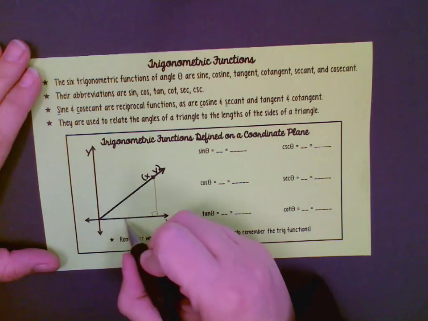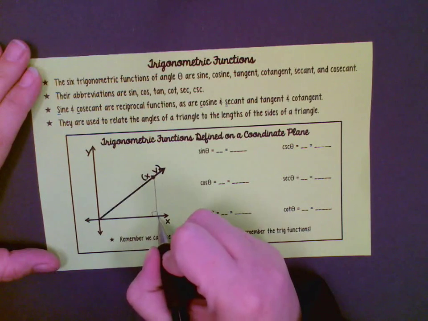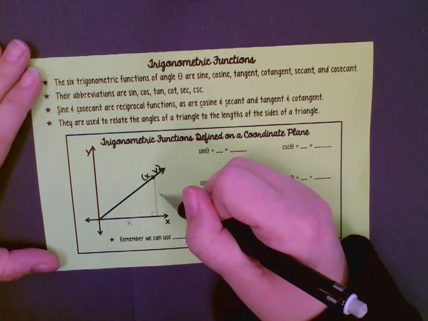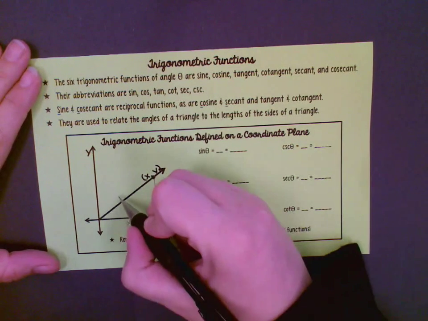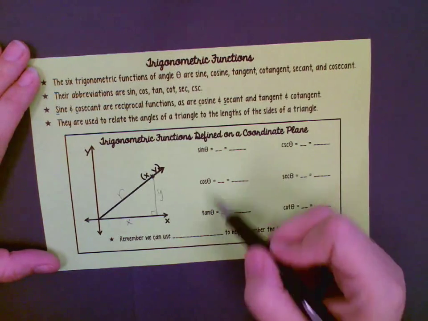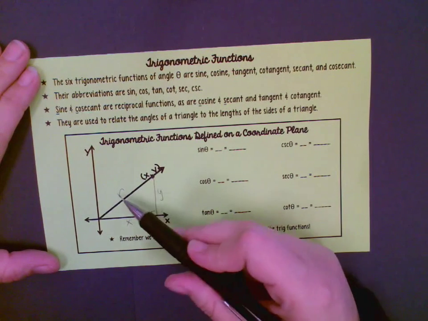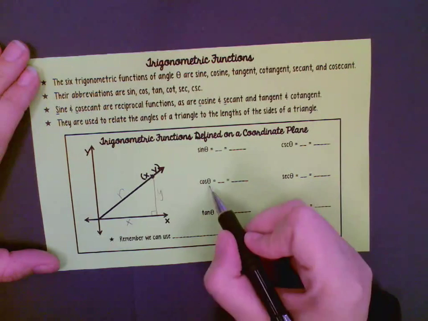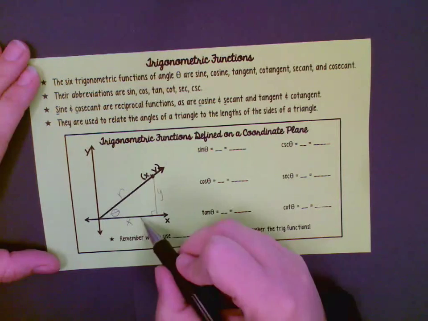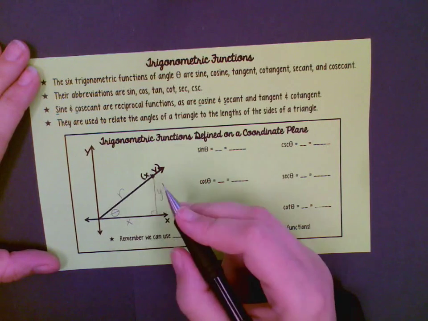So this length here is x, and the length to get up to our point is y. And we're going to use r to represent the length of the hypotenuse. So when we define our functions, we're going to use x, y, and r. And we always talk about our theta being the angle from the x-axis to your ray.